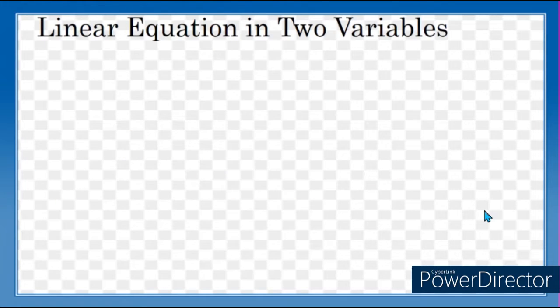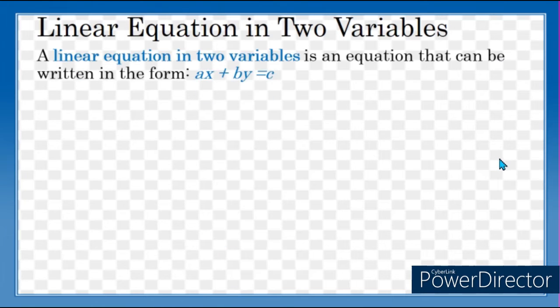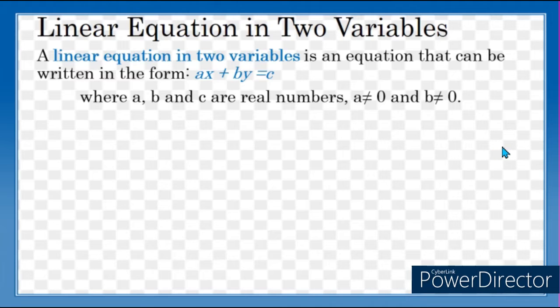Okay, so what is a linear equation in two variables? A linear equation in two variables is an equation that can be written in the form ax plus by is equal to c, wherein a, b, and c are real numbers and a is not equal to 0 and b is not equal to 0.